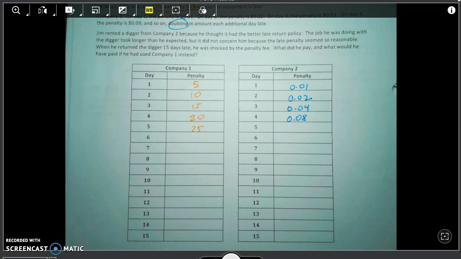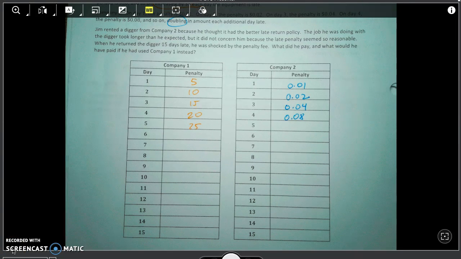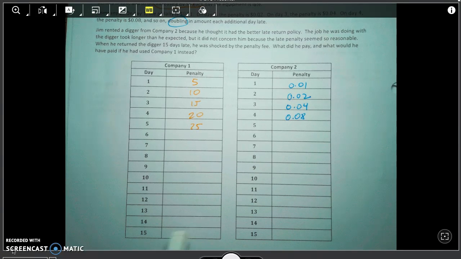The job took longer than he expected, but it did not concern him because the late penalty seemed so reasonable. When he returned the digger 15 days late, he was shocked by the penalty fee. What did he pay, and what would he have paid if he used Company 1 instead? I'll give you a few minutes to complete both tables.